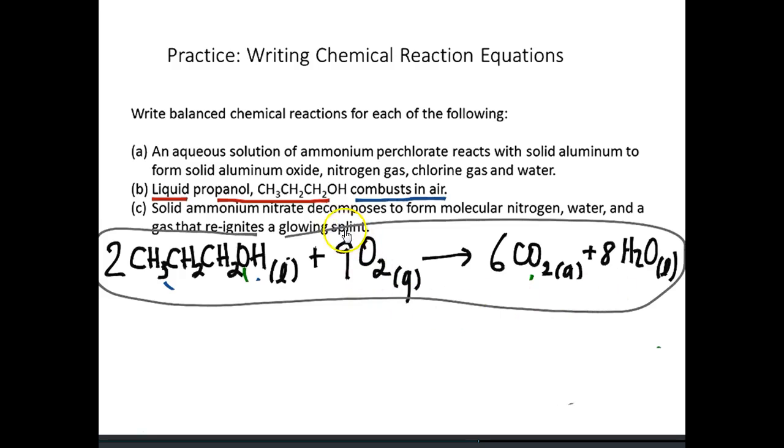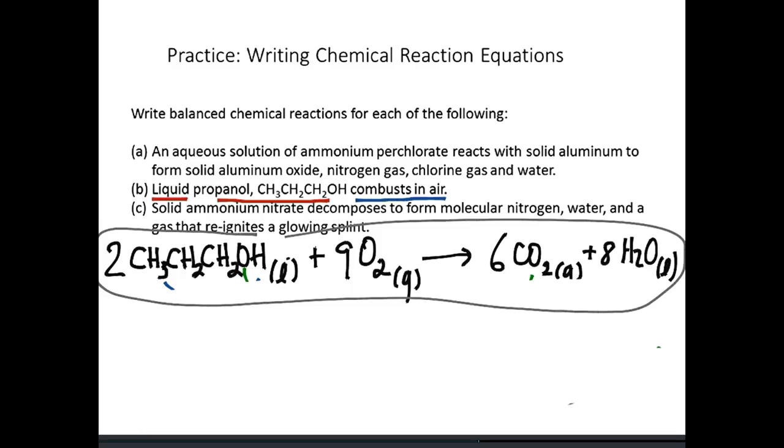And if you included fractions, that would also not be for full credit. I expect you to use whole number integers, okay? And the lowest whole number integer possible. So try to remember that.